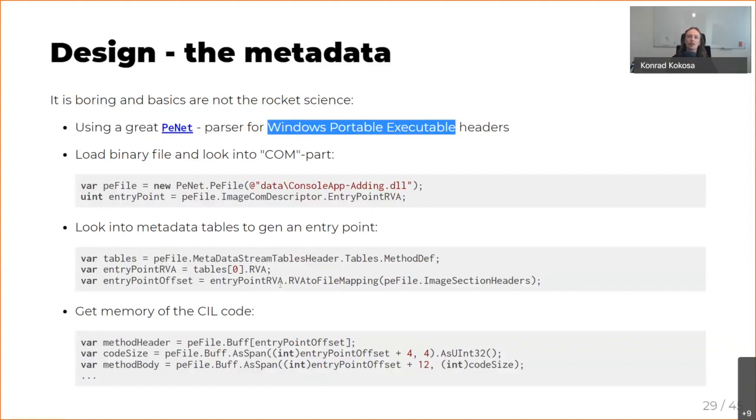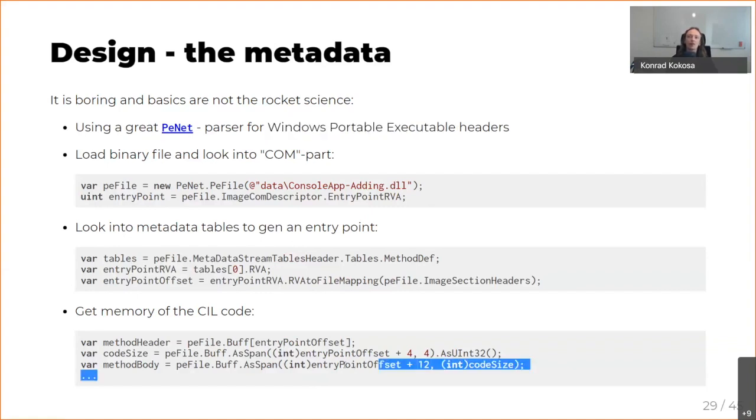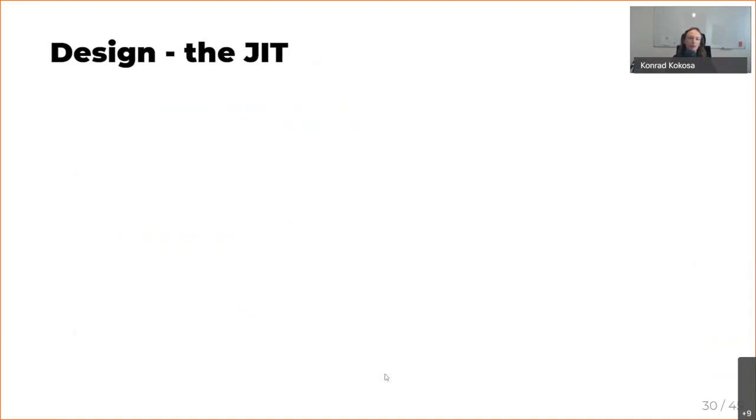And from there, I can read addresses where the metadata are, to the point when I'm able to find every method address and its size in terms of IL code, obviously. So PENet helps me here to find the method, for example the entry point of our assembly, and just read it from the memory. So nothing super sophisticated. The more interesting part is the JIT implementation.